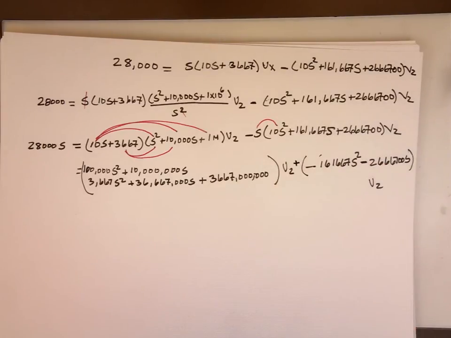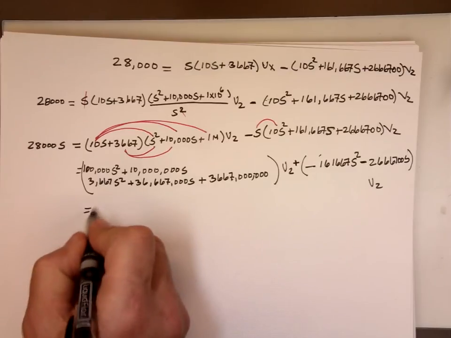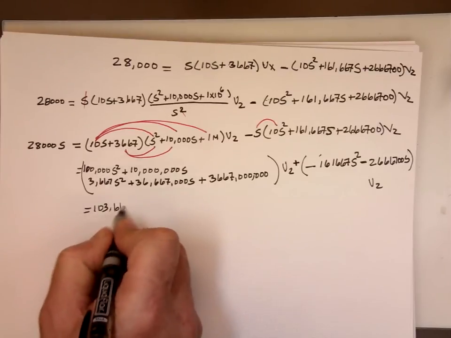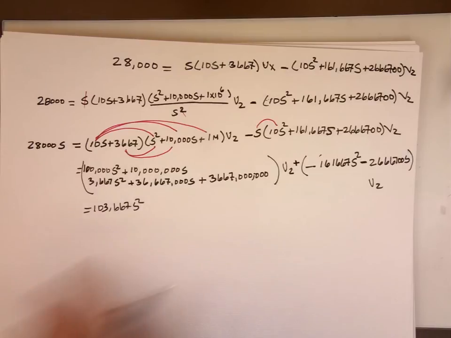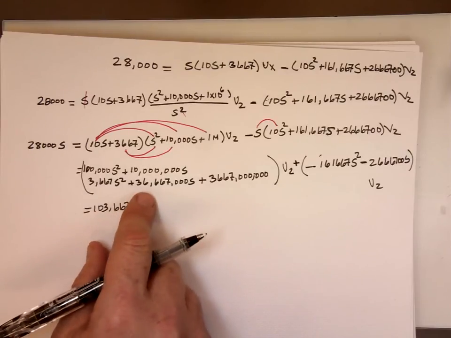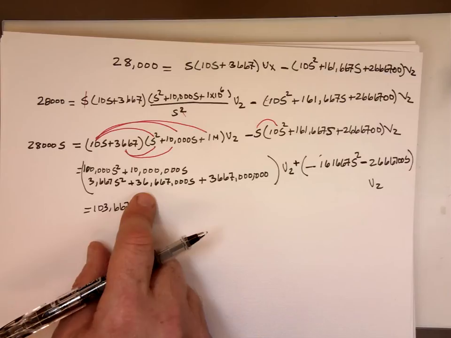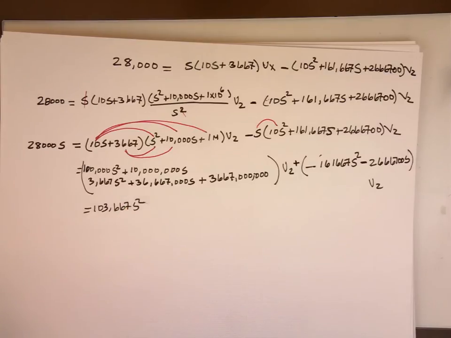And now we're just gonna enjoy this. 100 plus 3, 103,667 s squared. 10,000 plus 36 million s. 36,667,000 plus 10,000 or 10 million? 10 million minus, oh, wait a minute, I forgot to subtract the s squared from that, right?